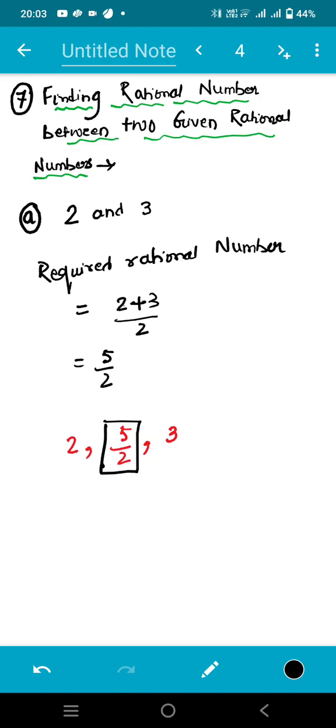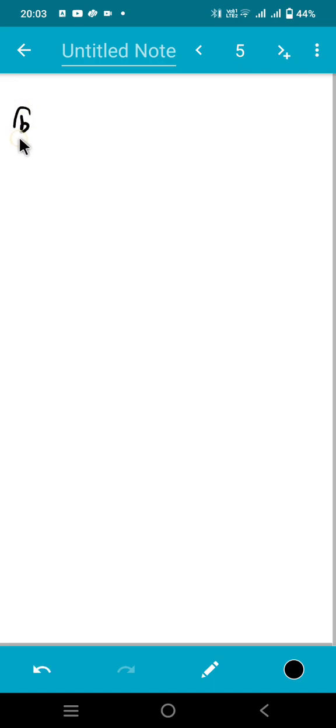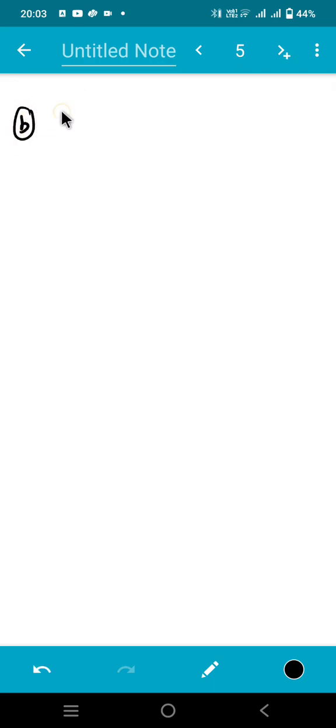What if, students, it is given like this, suppose 2 by 5 and 3 by 5. Fine. So we need to find out how many rational numbers?